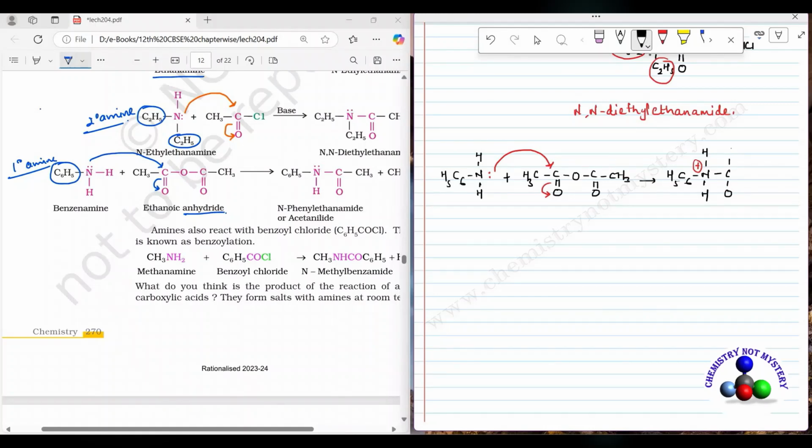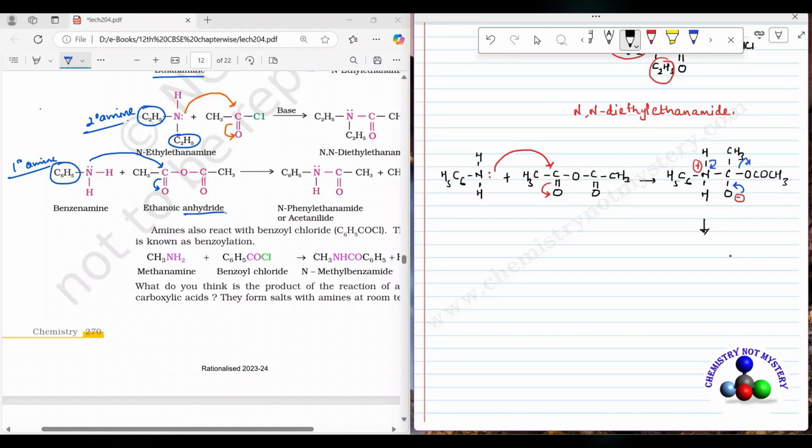One side it is bonded with CH3, on the other side it is bonded with O, COCH3. This oxygen develops negative charge. To neutralize the charge over nitrogen and over oxygen, this hydrogen leaves the molecule without its bonding pair of electron. This negative charge moves back between carbon and oxygen and expel acetate ion.